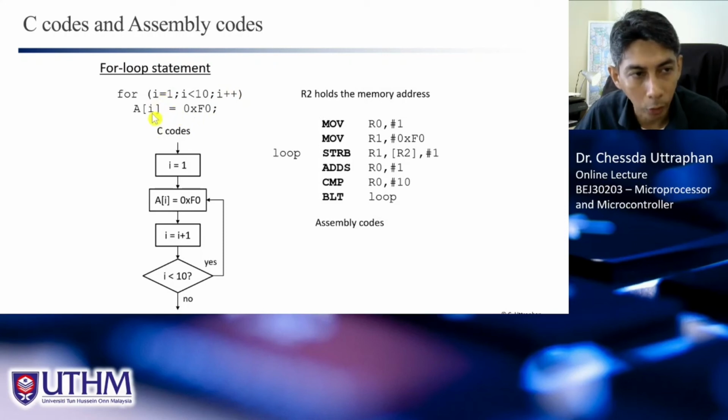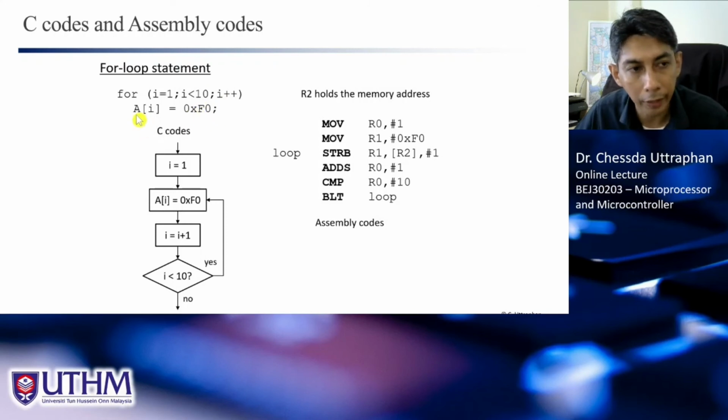So if I starts from 1, I want A1 equal to this, and we increase I, and we check: yes, 1 is less than 10, so we set A1 to F0, and we increase I, which is number 2, so A2 equal to this, and again it is still less than 10, we increase I, A3 equal to this.